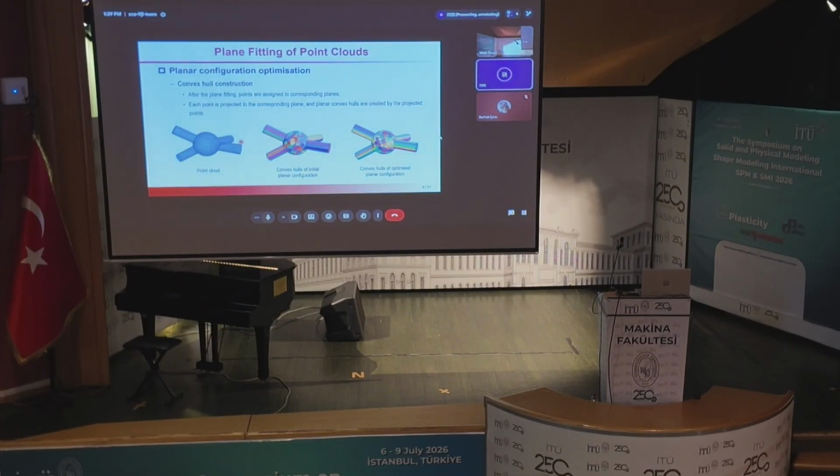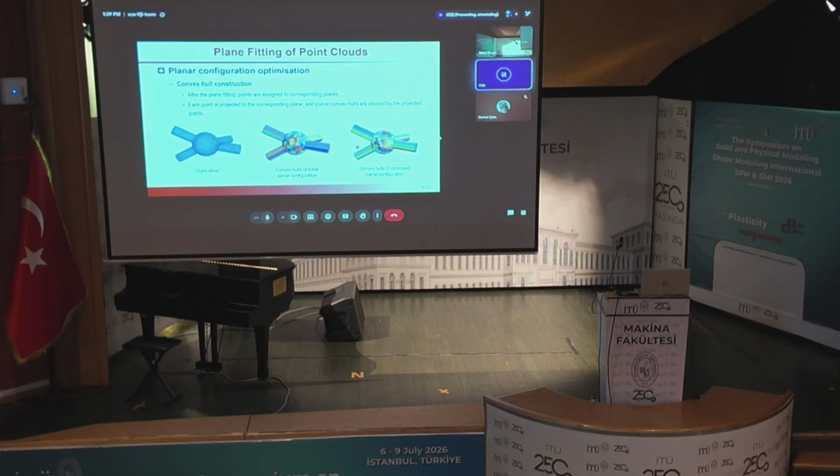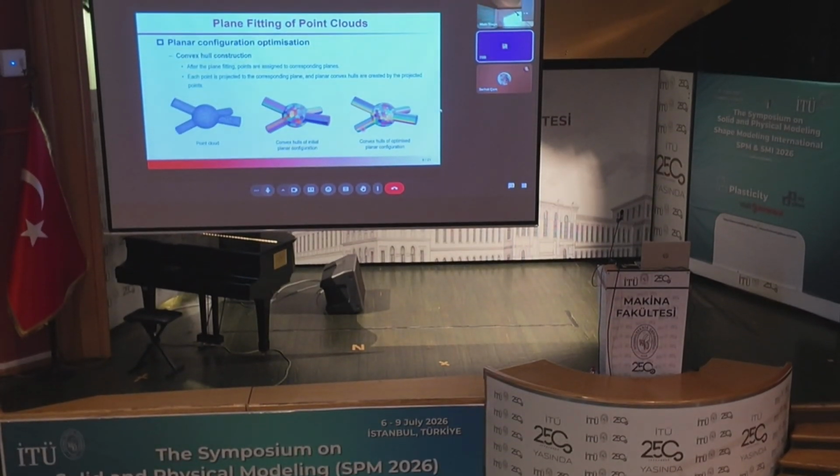This figure shows the planar configuration of the convex hulls. For the initial planar configuration, you can see that the convex hulls overlap considerably. But after optimization, the convex hulls have a better distribution. Next, we will detect primitives and reconstruct the CAD models based on these convex hulls.